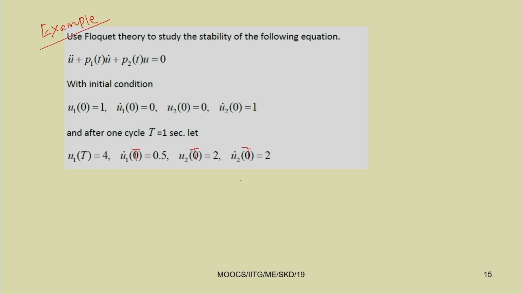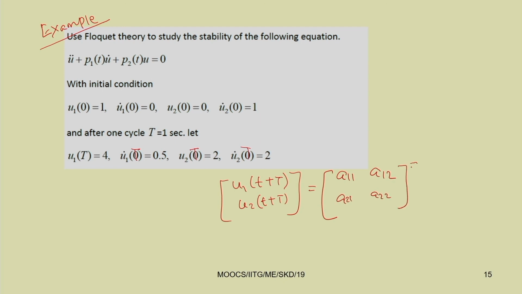What can we do? We already know this relation for u1(t+T) and u2(t+T). We can write these as the matrix a11, a12, a21, a22 multiplying u1(t0) and u2(t0).